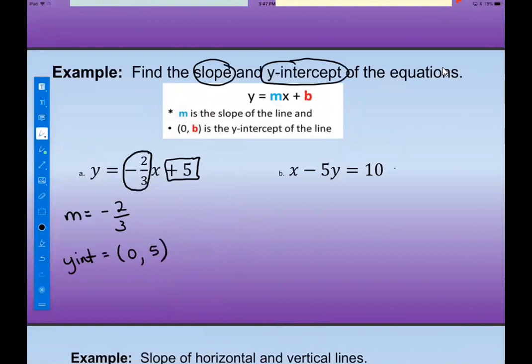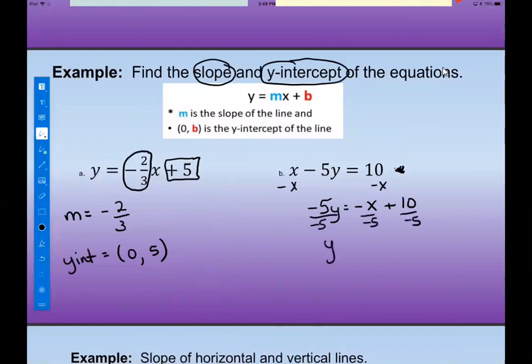This equation is not in slope-intercept form. So let's put it in slope-intercept form by solving for y. We're going to move the x by subtracting it. That gives us negative 5y equals negative x plus 10. We're going to divide every term by negative 5.